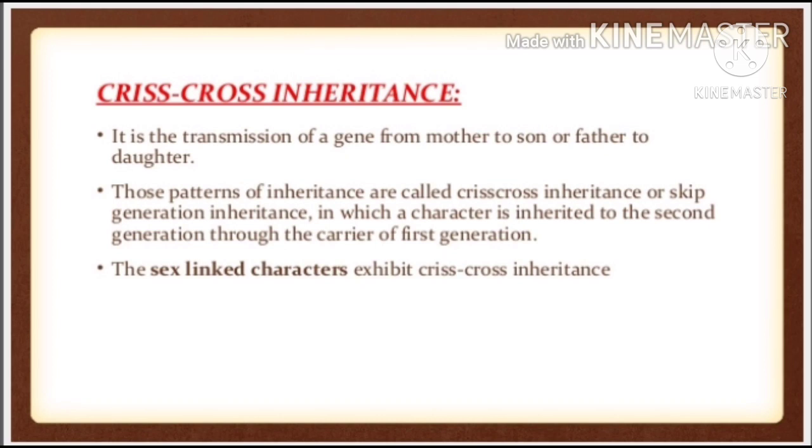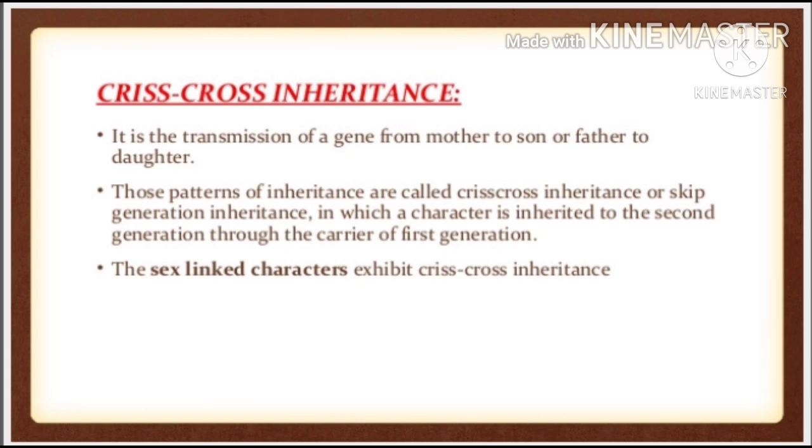What do you mean by crisscross inheritance? When an inheritance is said to be crisscross inheritance, it should satisfy two criteria. The first criterion: the character should be transferred from a mother to son or from father to daughter. The second criterion: the character-transferring mother or father should be a carrier.